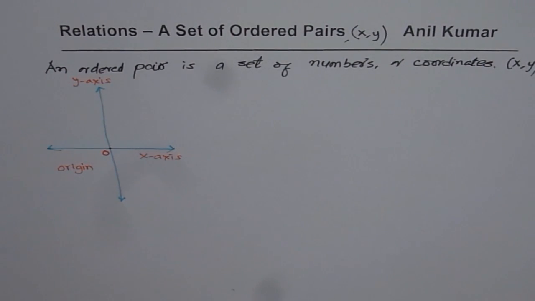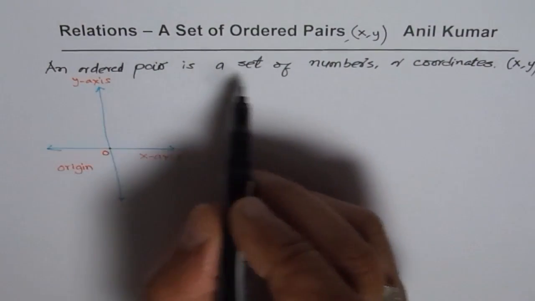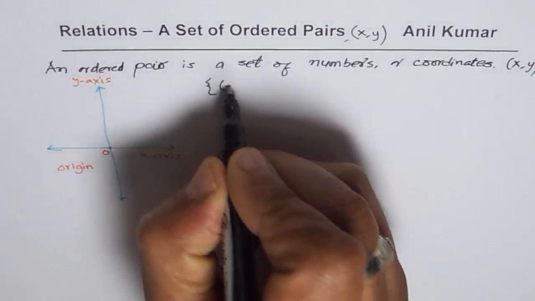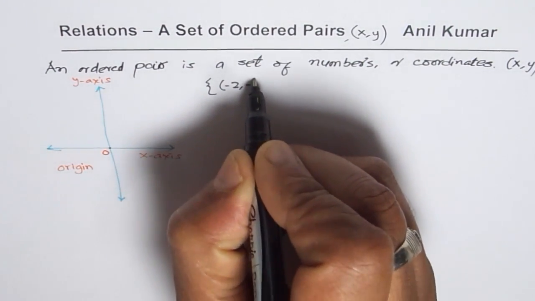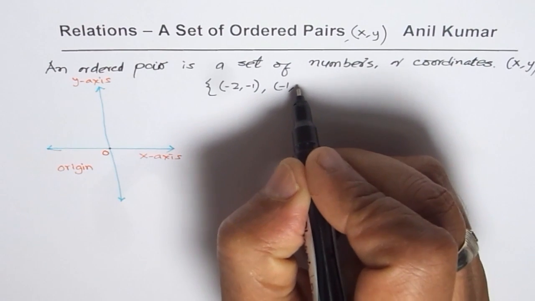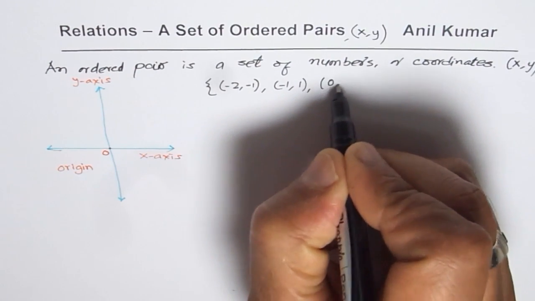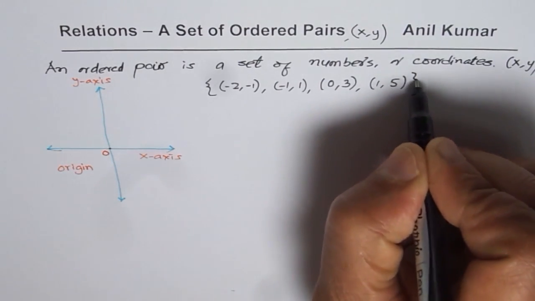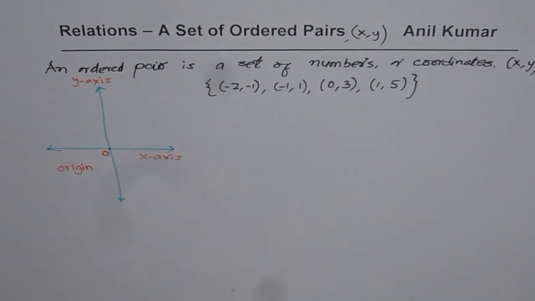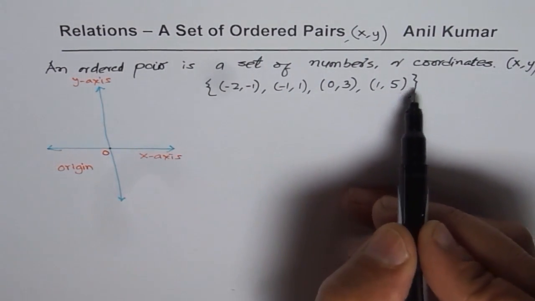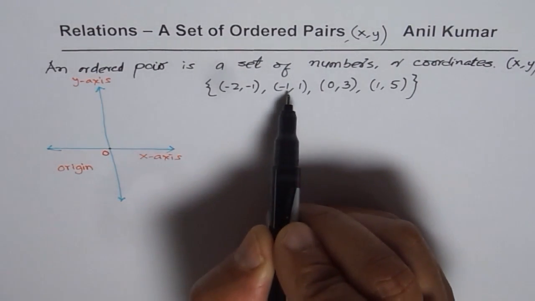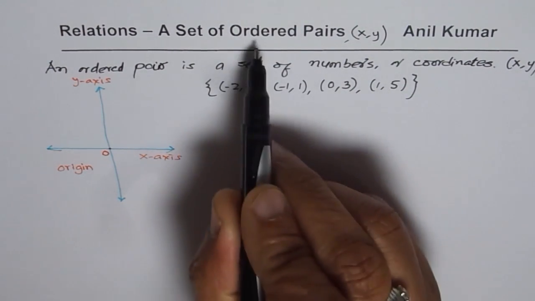Now let me first write down a set of coordinate points. Let's say it is -2, -1, then -1, 1, then 0, 3, and 1, 5. Let's consider these points. When I put them into curly brackets, it becomes a set of points, and each point is represented as an ordered pair.